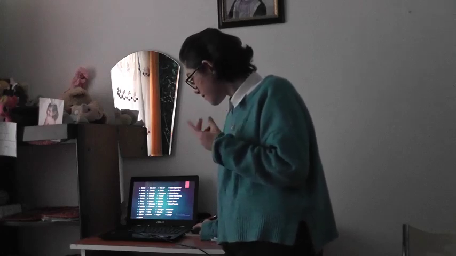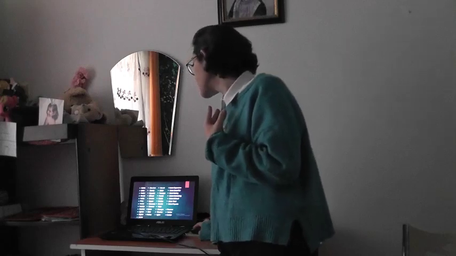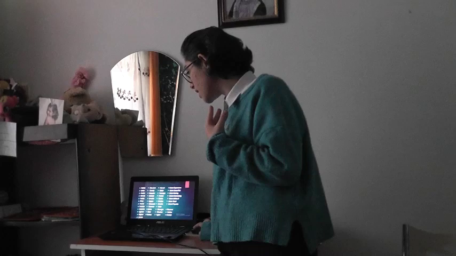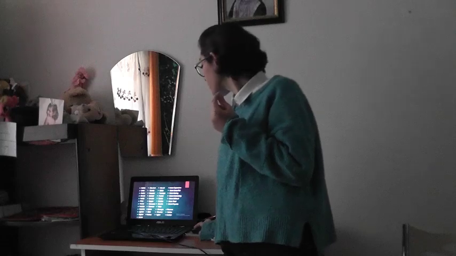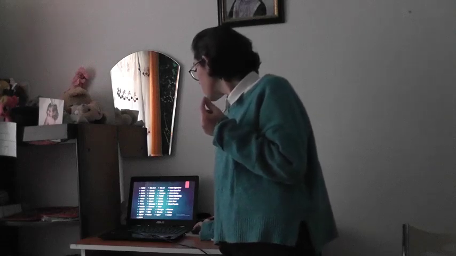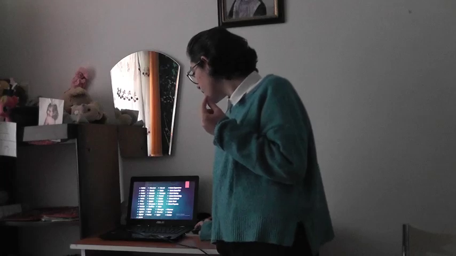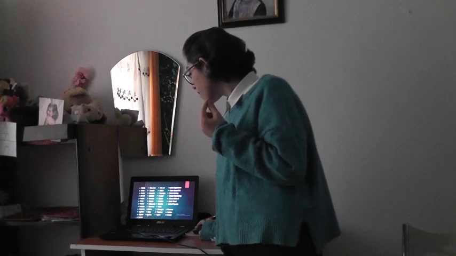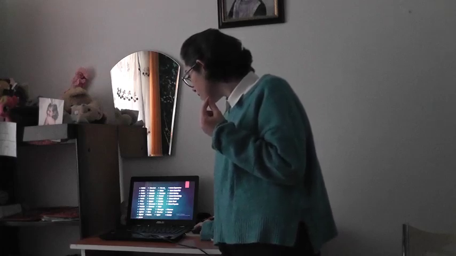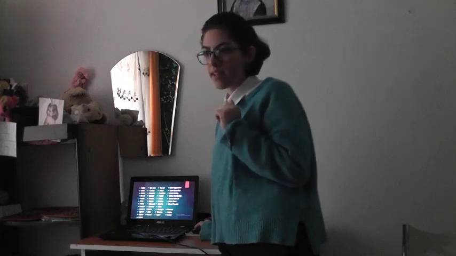Again, sadder. And as you see, we doubled the D because sad ends with a consonant. Smaller, bigger, cheaper, cleaner, dirtier, drier, wetter, newer, older or elder, we can say.